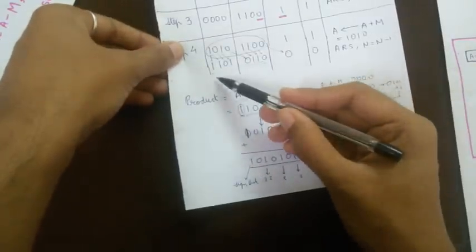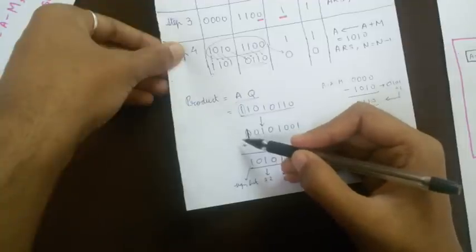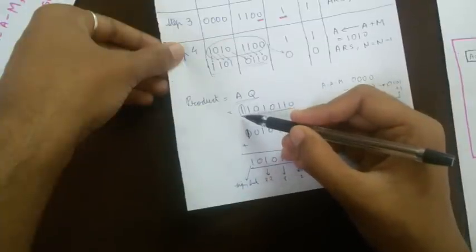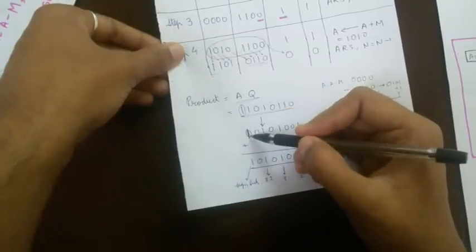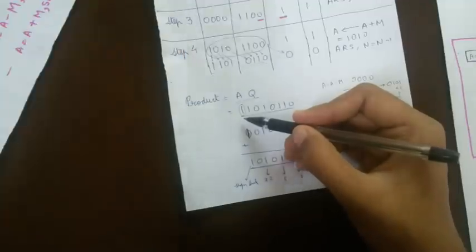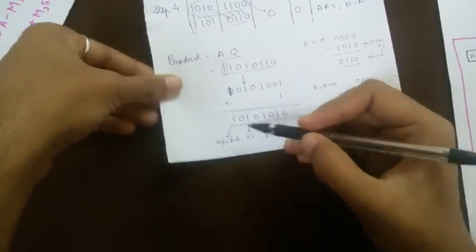The 2's complement of this number is obtained by taking the 1's complement first and adding 1 to it. Now here you might have observed that this 1 is not changed to 0 because this 1 is the one which indicates the sign, and here we have the answer.